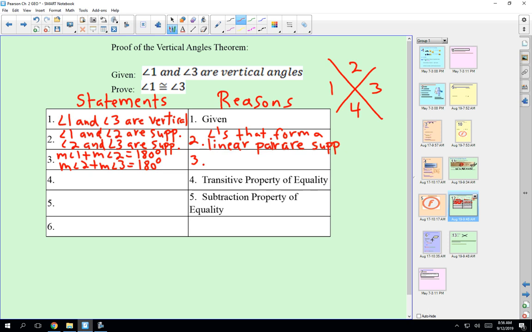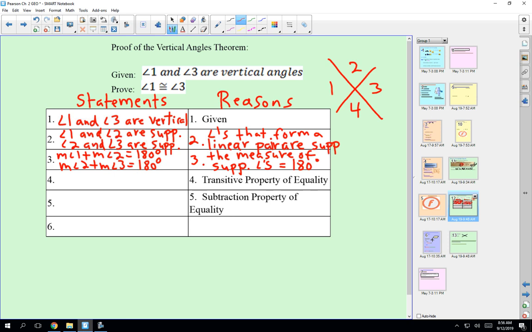The definition of supplementary, the measures of supplementary angles is always 180. Measure of supplementary angles equals 180 degrees.